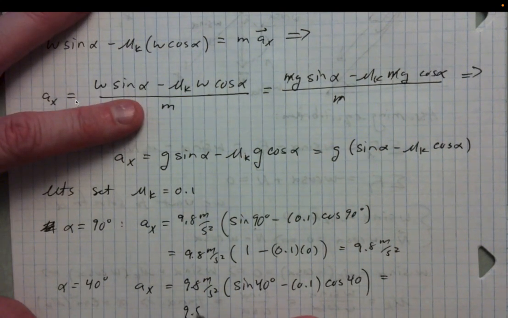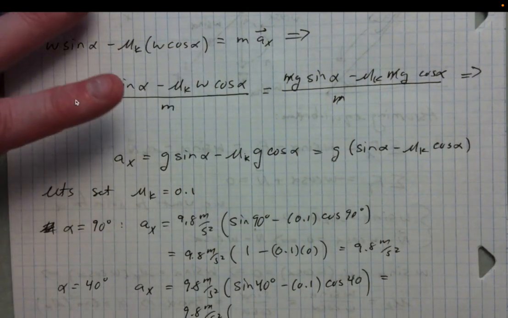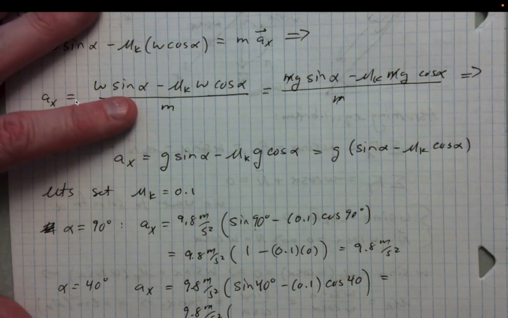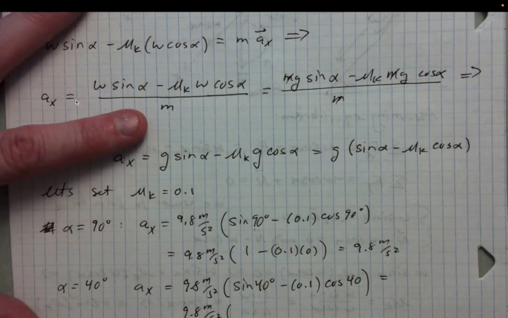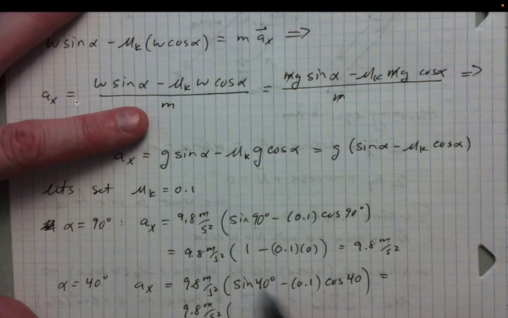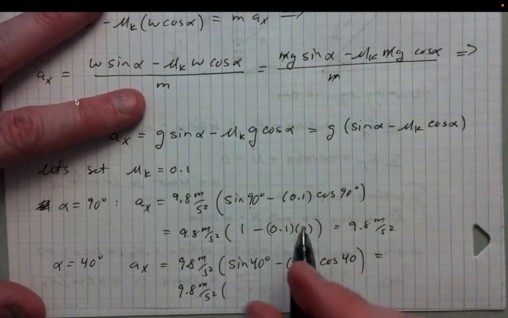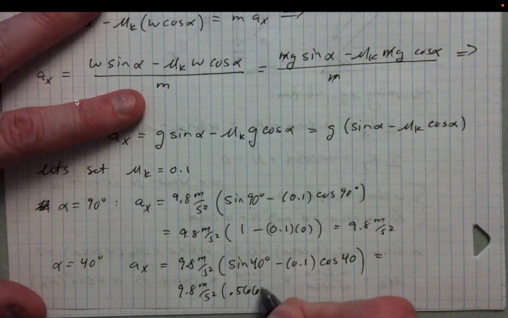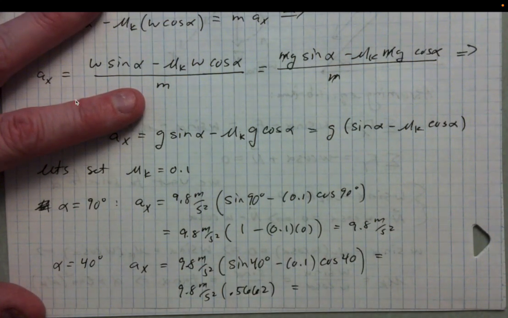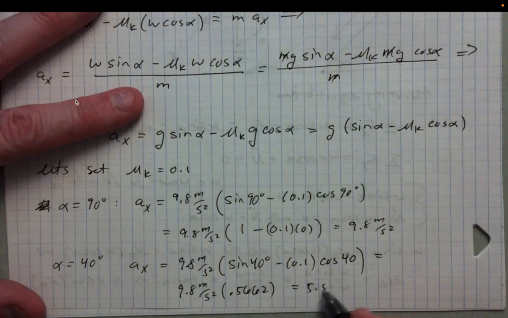Sine of 40 degrees is 0.6428, cosine of 40 degrees is 0.766. And so when you do the arithmetic inside here, you get 0.5662. So about half of free fall, about 5.55 meters per second squared.